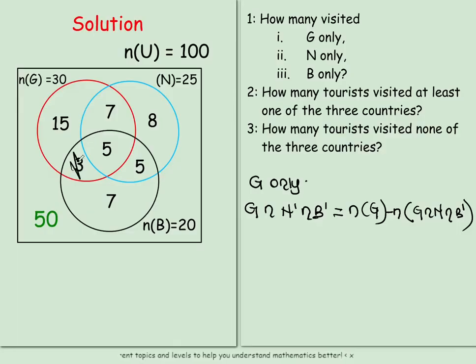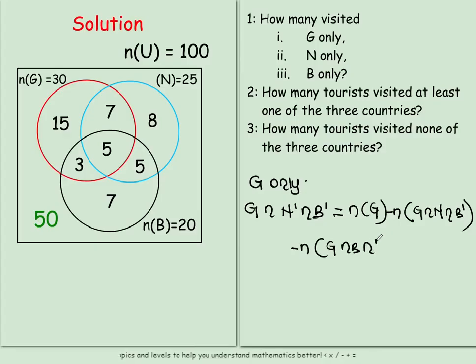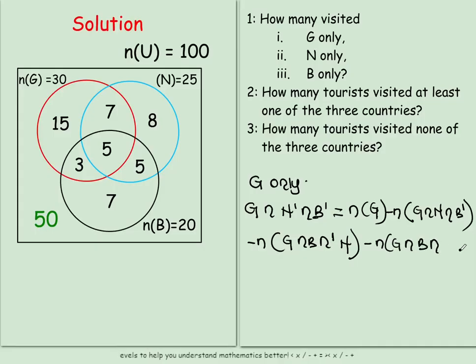After which we also removed this portion over here. So minus, it is in G and in B, but not in what? N. And what else do you think we removed? We removed the intersection of all the sets. That is this 5 over here. So minus your what? G intersection B intersection what?